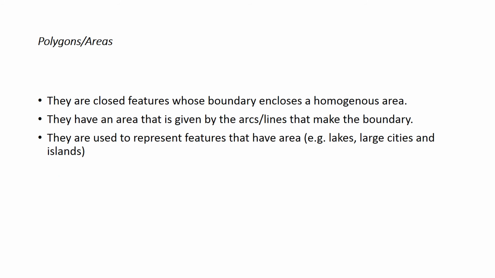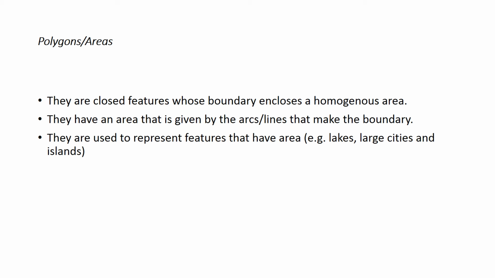Now, polygons and areas, when we have closed features and the boundaries enclose a homogeneous area. For example, the tone. You look at a photograph or a map before you, you will see that certain areas are homogeneous, others are heterogeneous. You draw a line, and if your line closes, then it becomes an area.